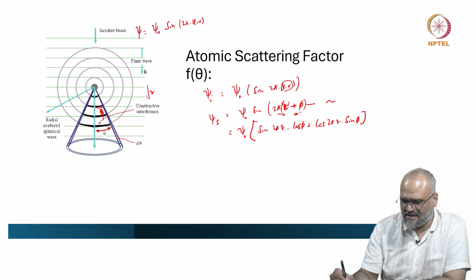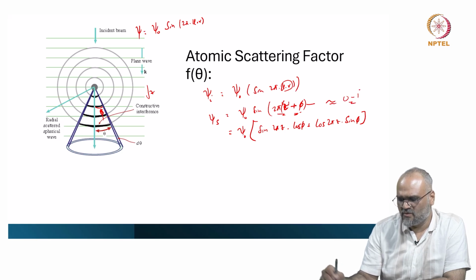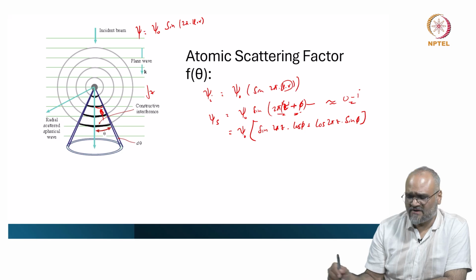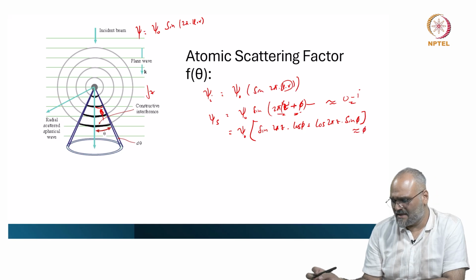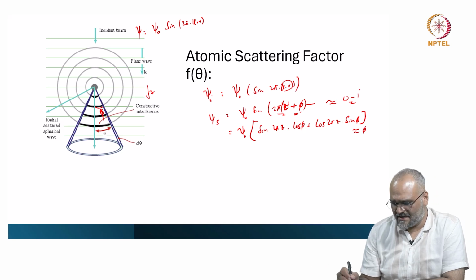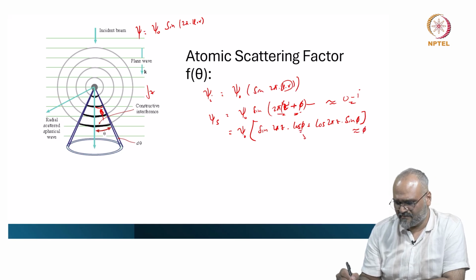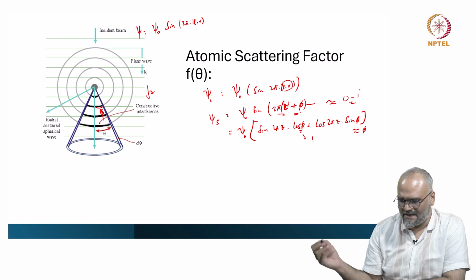Now, we have established that in a transmission electron microscope, the angles of scatter are typically very small. It is almost 0 to 1 degree, and for such small angles, sin phi is nearly phi and cos phi becomes 1.